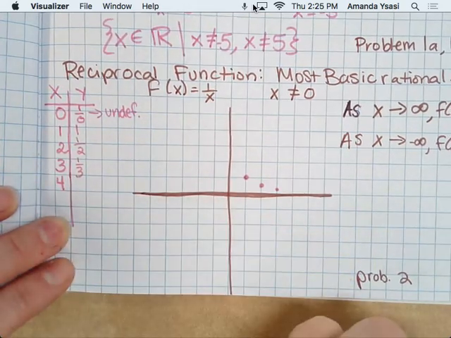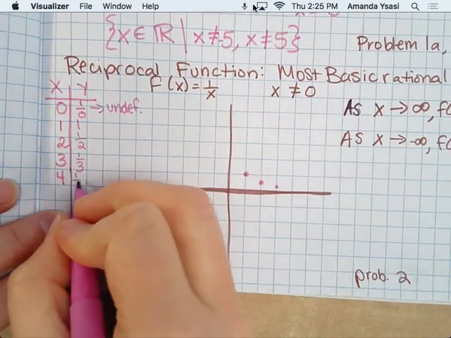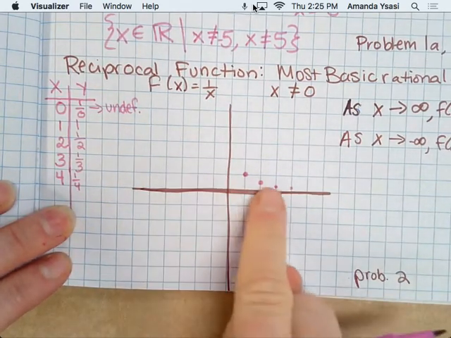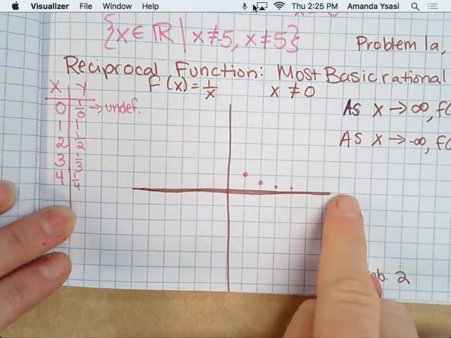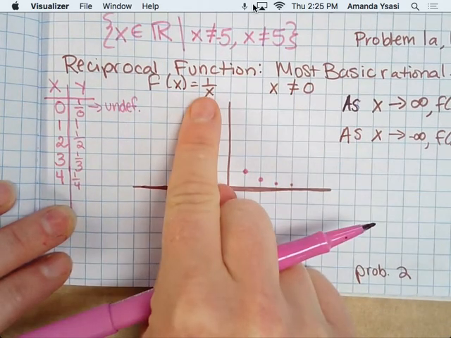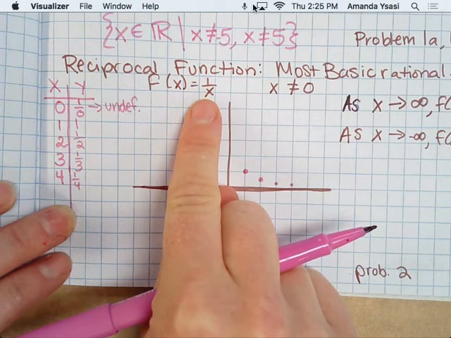Four, be 1 over 4. So it's getting closer and closer to the x-axis. But for it to ever touch, it has to equal 0.